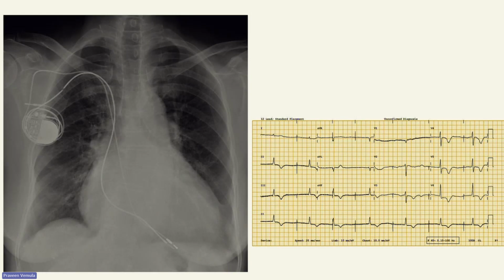Okay, but that doesn't matter. What's relevant is the rhythm. Now we are looking at the pacing. Are you seeing the pacing spikes? Pacing spikes are there. Is it pacing? No, failure to pace. Is it sensing? It's sensing, but it is not pacing.